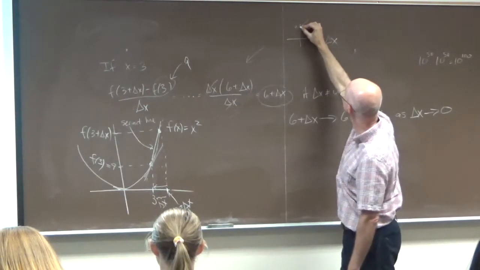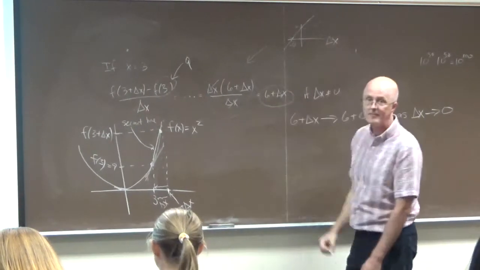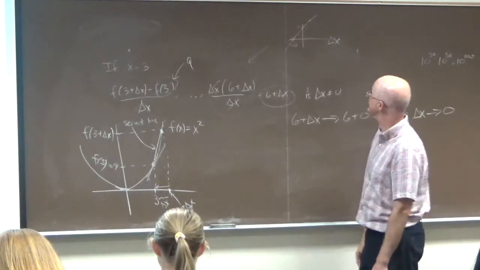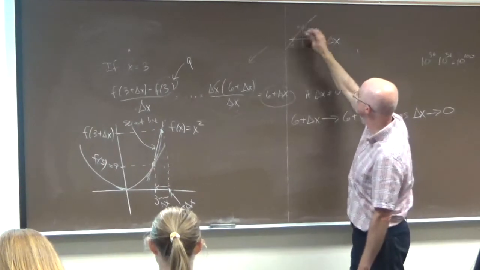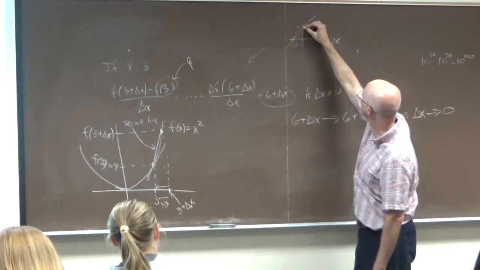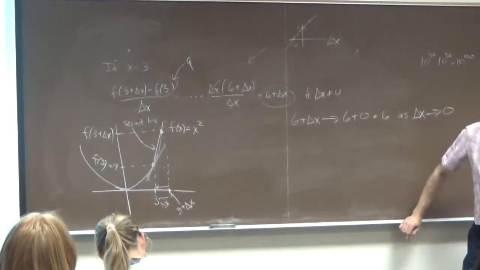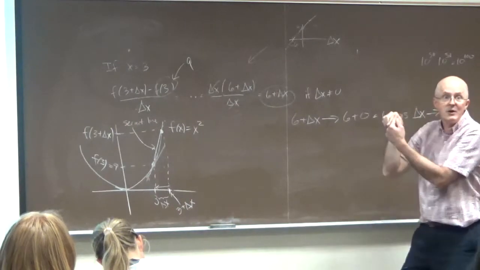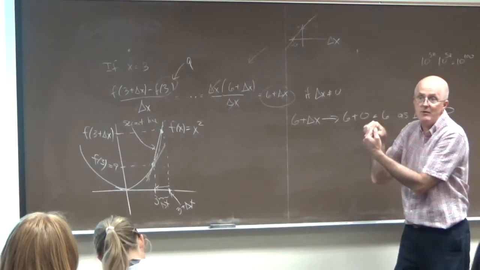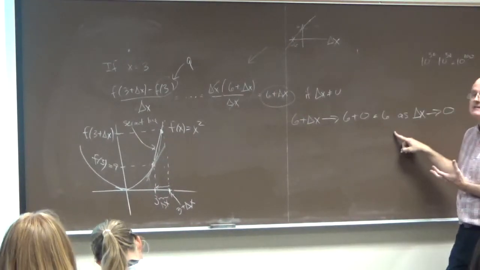It's a linear function of delta x. It looks like this. This will be negative 6 there. These are equal as long as delta x is non-zero. So what that means is if we were to graph this function here, there would be a hole in the graph right there. A point missing. But the graph still gets closer and closer to 6 as delta x gets closer and closer to 0. And that's what justifies doing this.